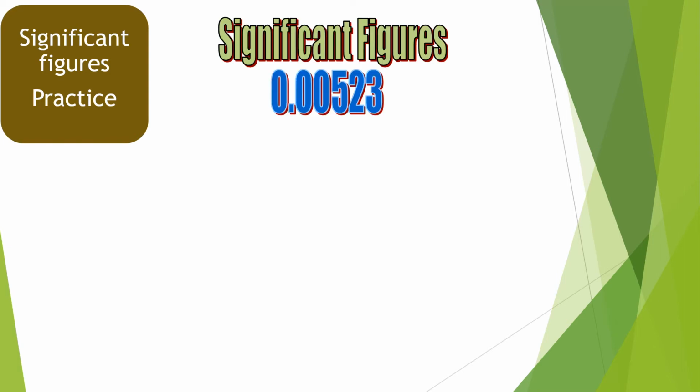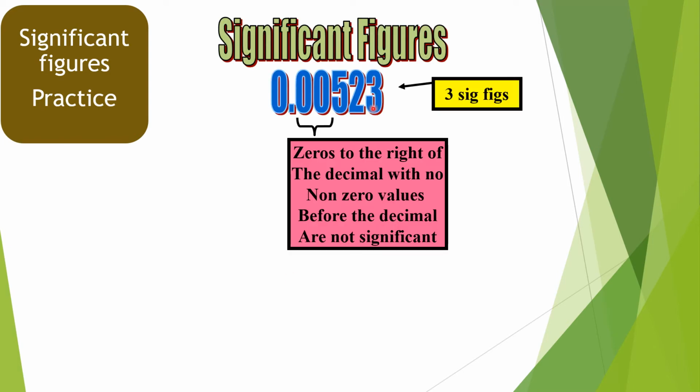Here in number 0.00523, there are only 3 significant figures because, as we have discussed, zeros to the right of the decimal with no non-zero values before them are not significant figures. That's why only 5, 2 and 3 are counted as significant figures. And we get 3 significant figures in this number 0.00523.